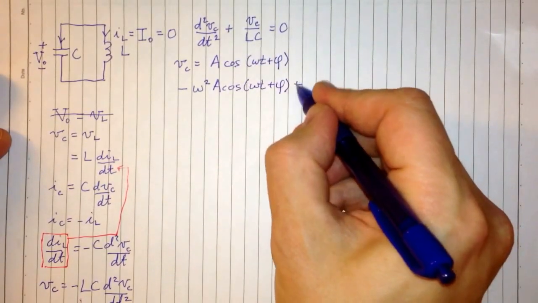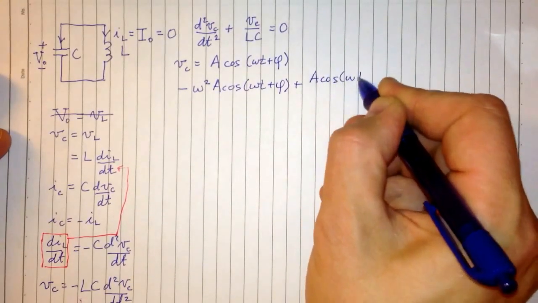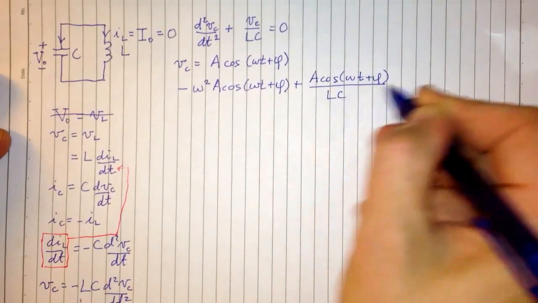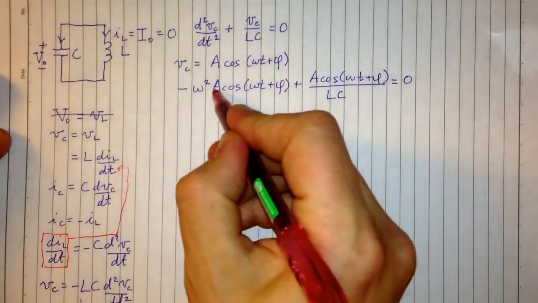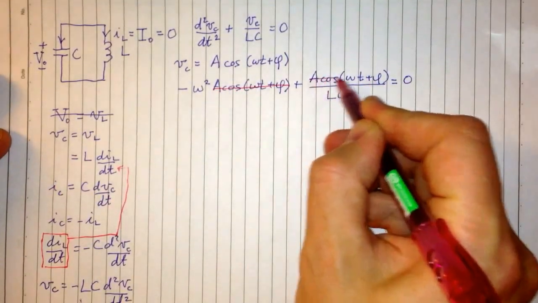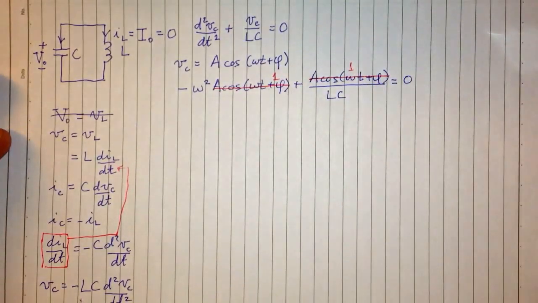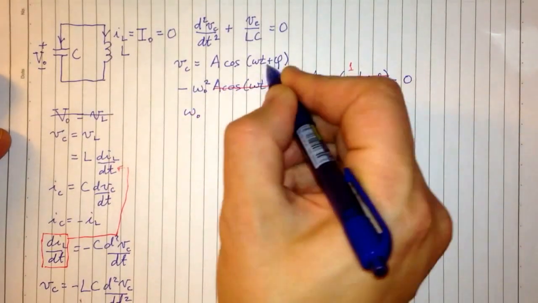And then we get there for VC, the function, so you'll notice that the A cosine omega t plus phi divides out both sides, and we're left with omega, which we're going to call omega naught throughout here.